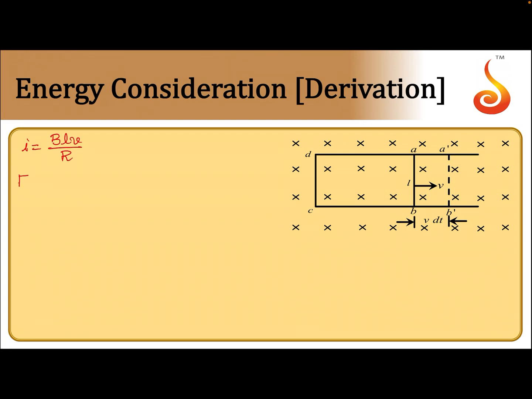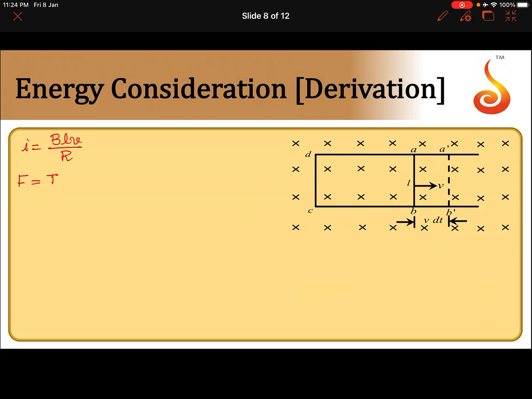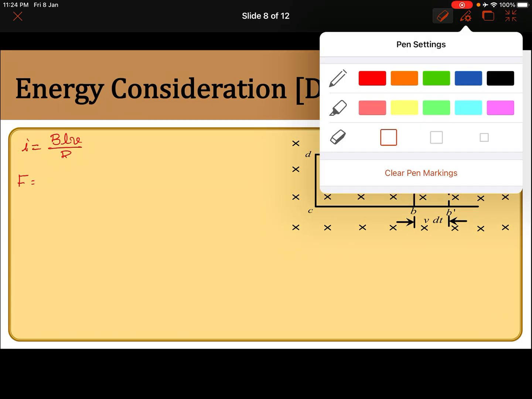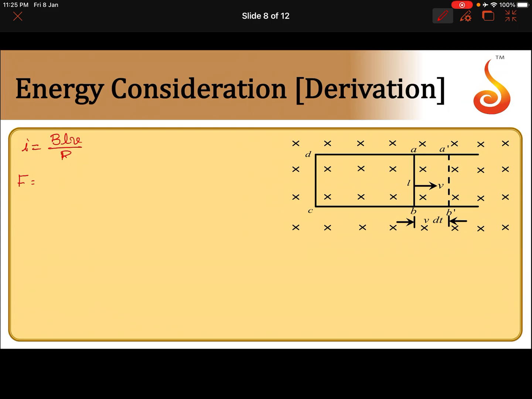So the magnetic force on the conductor will be I L B sin theta.